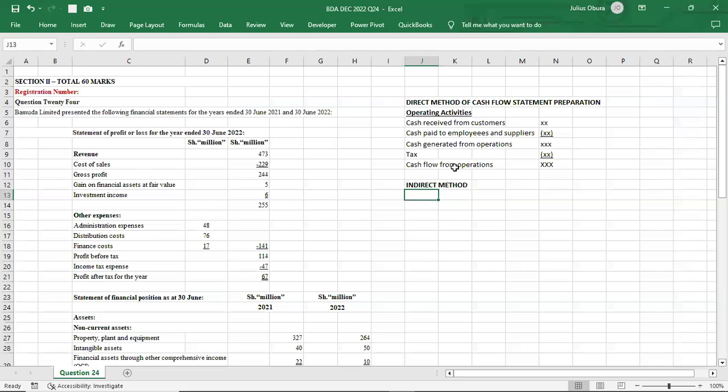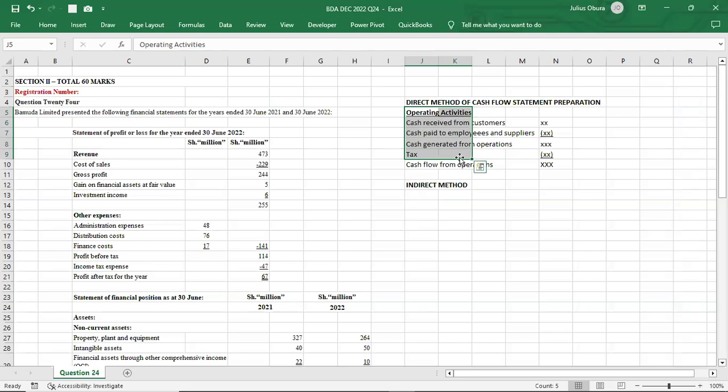Well, number one, we have our cash from operating activities. If we copy from what we have done for the operating activities under the direct method, what we realize is that the cash flows from operating activities contain cash receipts from customers and cash disbursements to suppliers, employees, and any other overhead expenses.